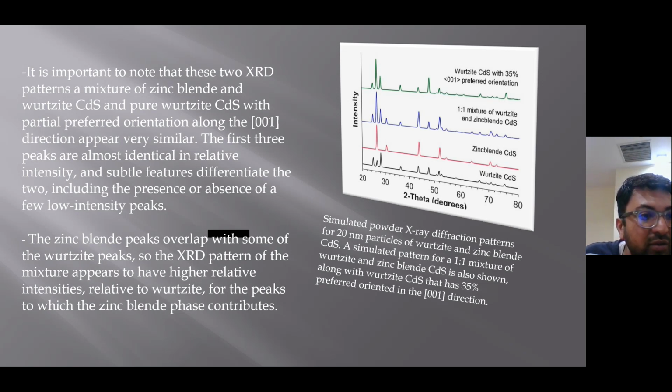Subtle features differentiate the two, including the presence or absence of a few low intensity peaks. The zinc blende peaks overlap with some of the wurtzite peaks, so the XRD pattern of the mixture appears to have higher relative intensity relative to wurtzite for the peaks to which the zinc blende phase contributes.